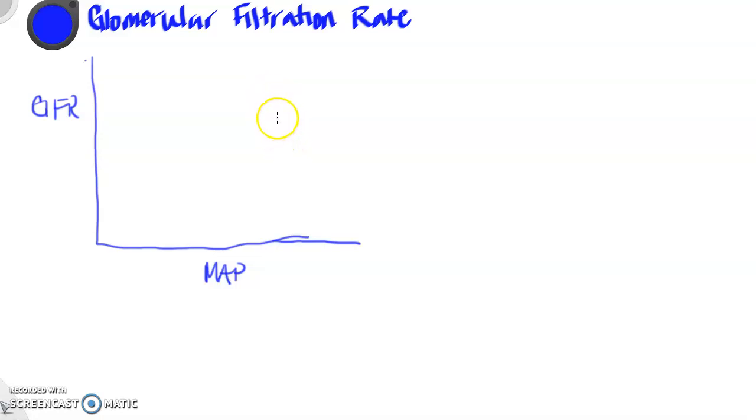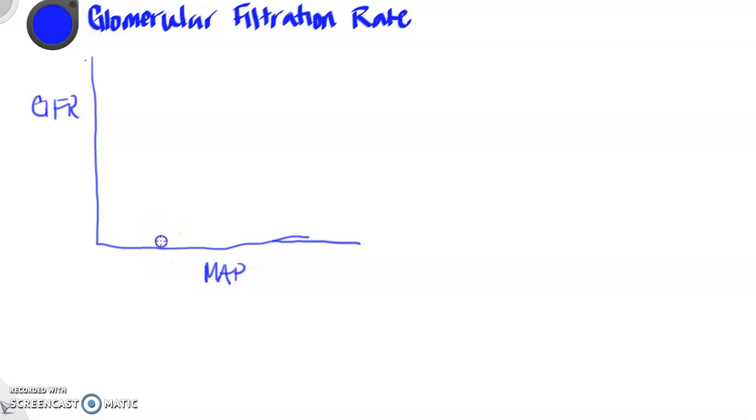So we're talking about glomerular filtration rate, okay? So the amount of stuff that's being filtered basically in a 24-hour period. So if we look at glomerular filtration rate in reference to mean arterial pressure, MAP.